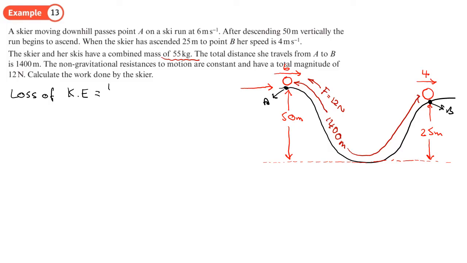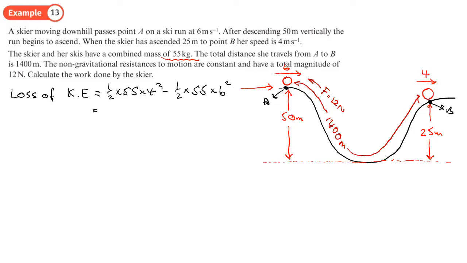It's going to be half mv squared minus half m u squared. Now, just like the previous one, we're going to end up with a negative. That negative tells us it's a loss, but we're not going to put a loss of a negative. We'll just put a loss of, and then we'll use the positive number.